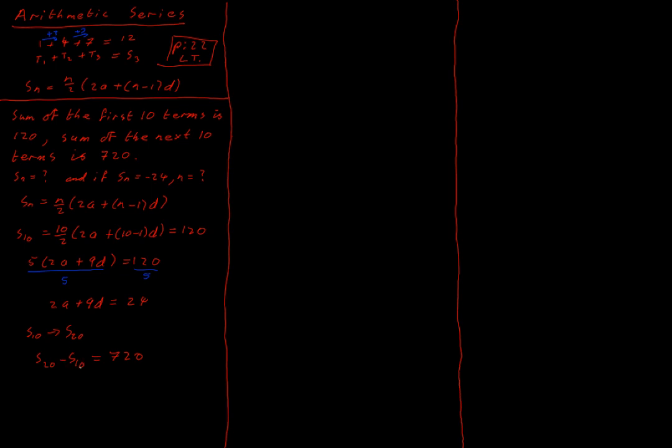Well, I know what the sum of the first 10 terms is. It's 120. So S of 20 minus 120 is equal to 720. Rearranging that, I get the sum of the first 20 terms must be 840. And now I'm back to something that I can use my standard equation for.